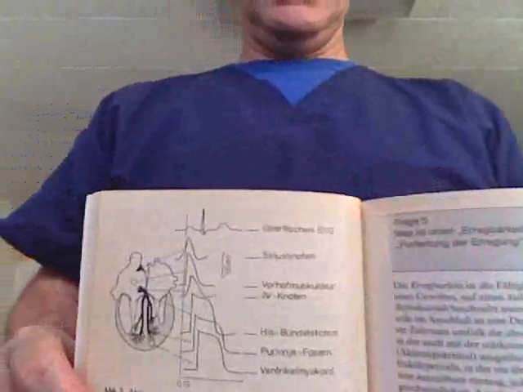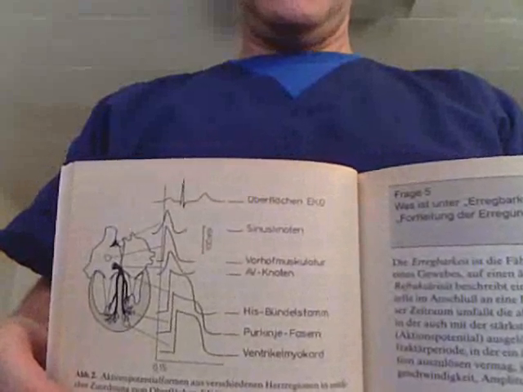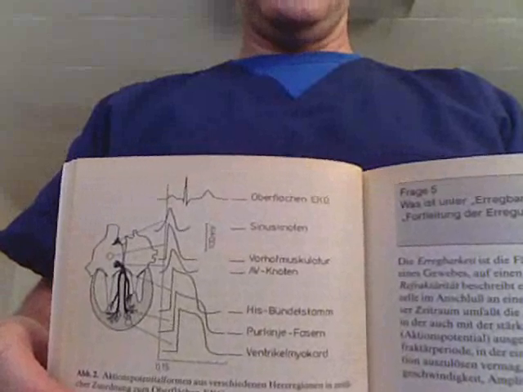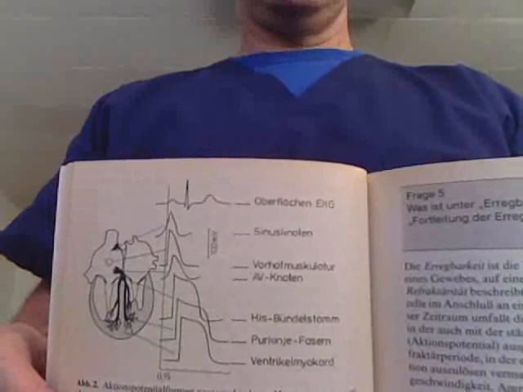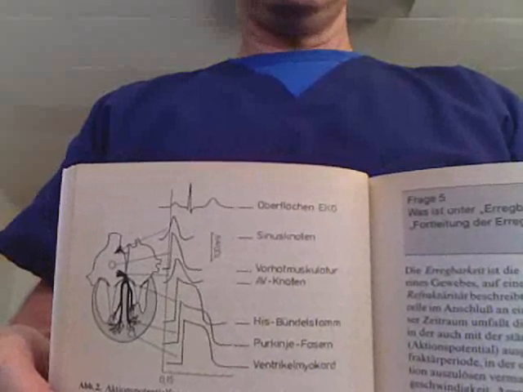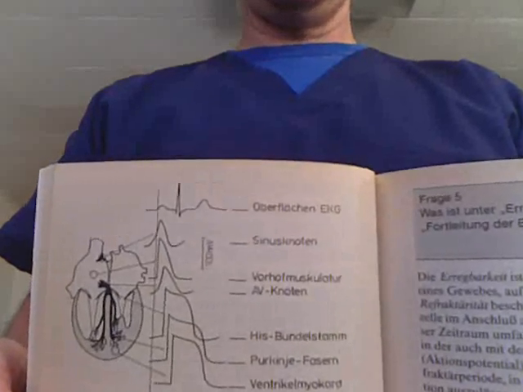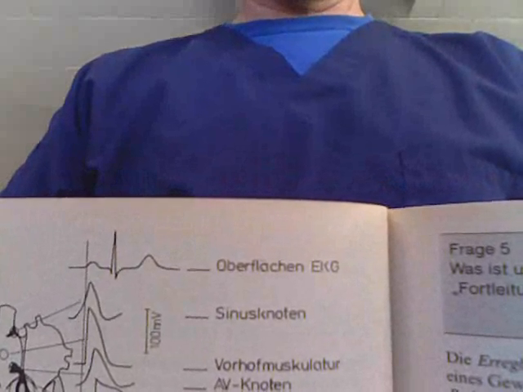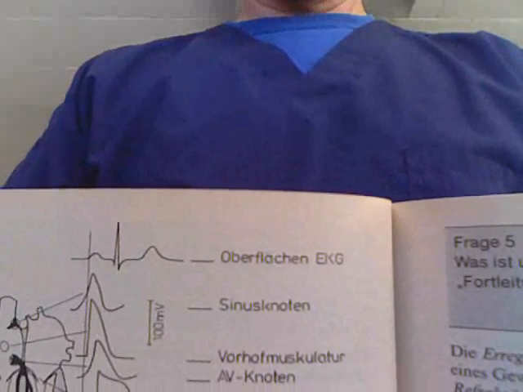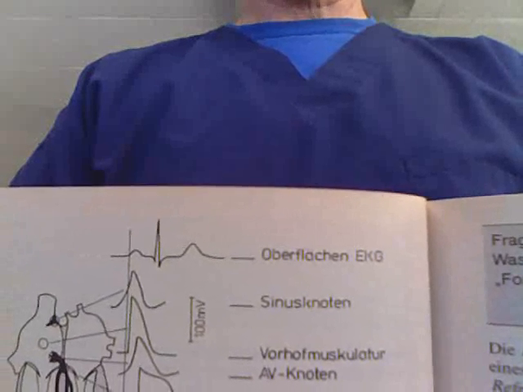So here is our overview. What this also does, which is very elegant, is that the signals associated with the particular parts of the heart's conduction system are associated with the surface EKG, which is at the top. Also known as the Oberflächen EKG, or the surface EKG.